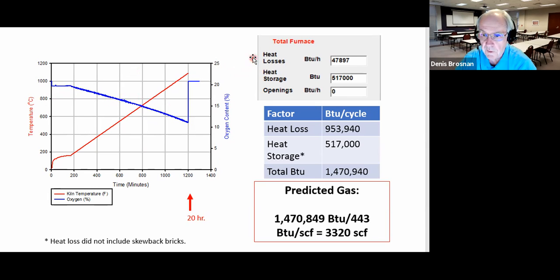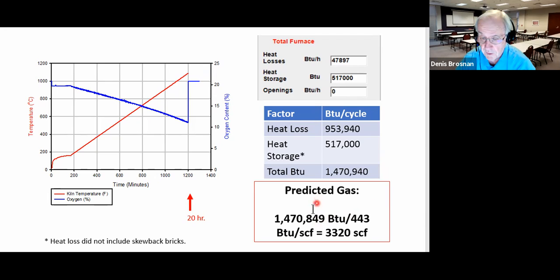Now, when I did the total furnace simulation, this time using the correct temperature of 2000 degrees Fahrenheit, I computed the heat losses and the heat storage. I did it with no openings again, and here's the heat loss and the heat storage and the total BTUs, 1.47 million BTUs, 1,470,940 BTUs.